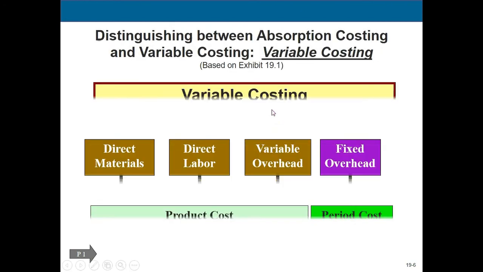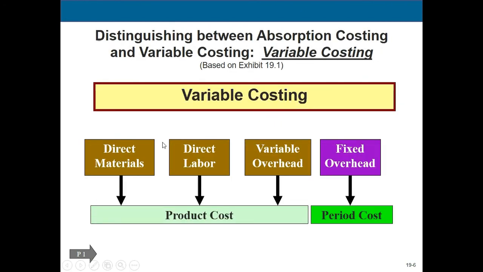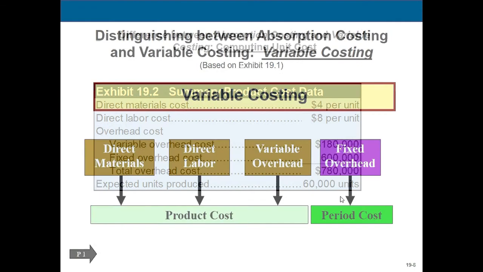Let's look at variable costing. In variable costing, only direct material, direct labor, and the variable overhead piece are going to be a part of product cost. The fixed overhead piece is now going to be considered a period cost. We are not going to apply the fixed overhead piece into the cost of our product.